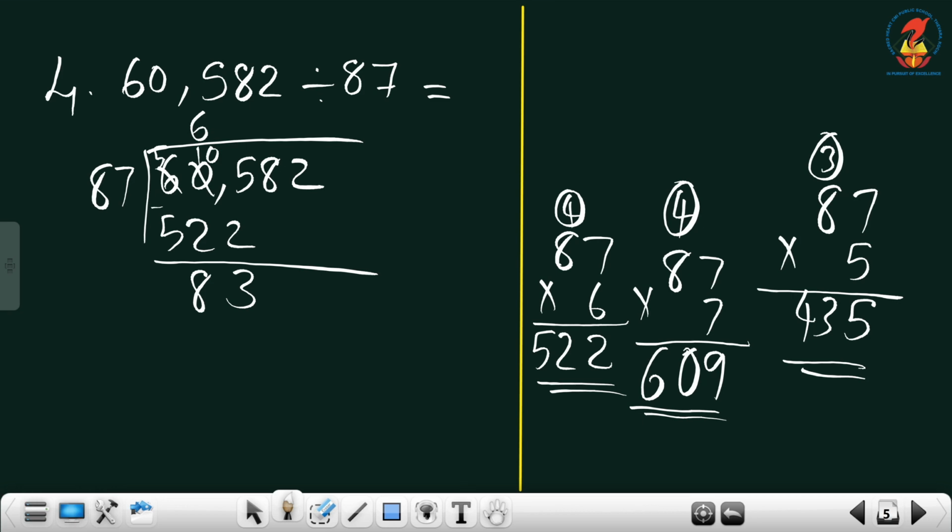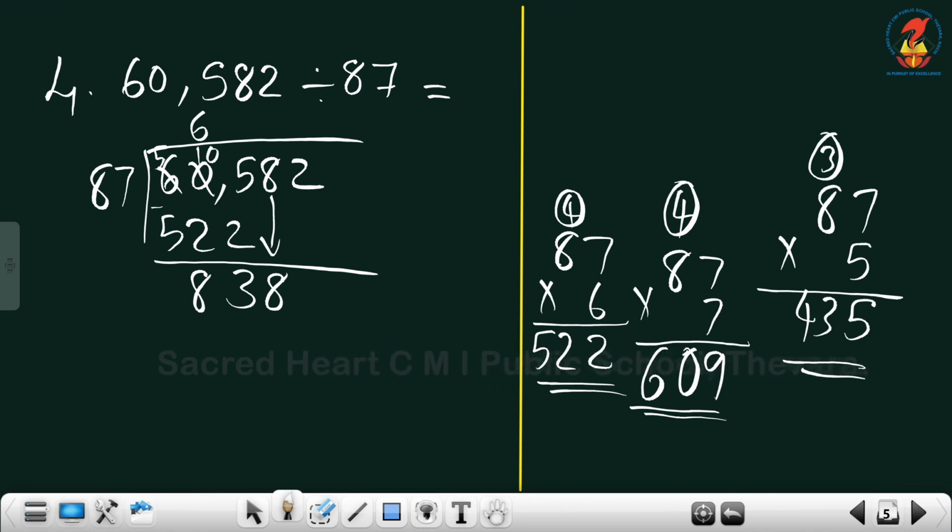And then for each and every step I need to take 1 digit down, that is 8. Now our number is 838. 87 into which number equals 838? 838 is the bigger number, right?